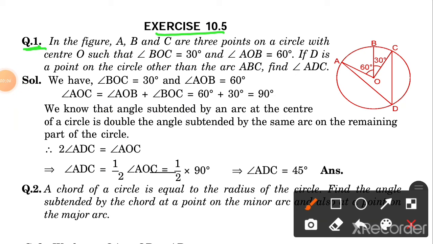Exercise number 10.5, question number 1. In the figure, A, B, C are 3 points on a circle with the center O, such that angle BOC is equal to 30 degrees and angle AOB is 60 degrees.